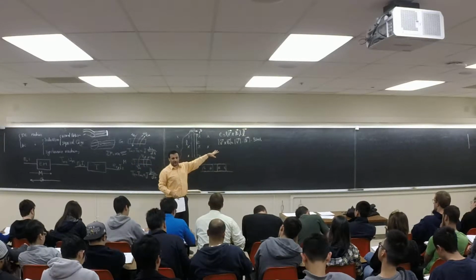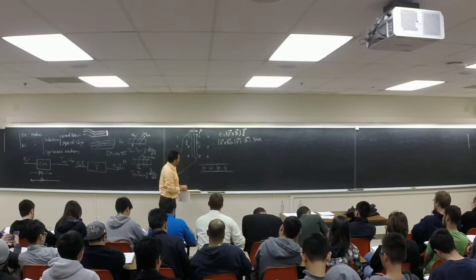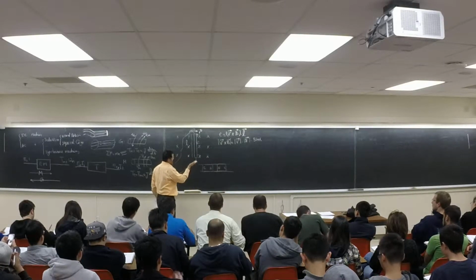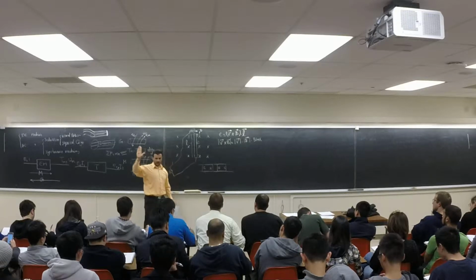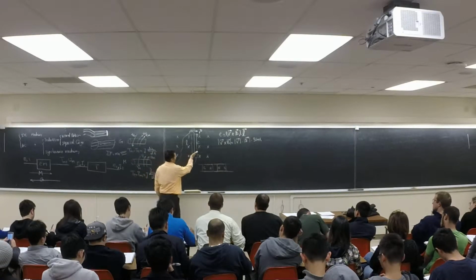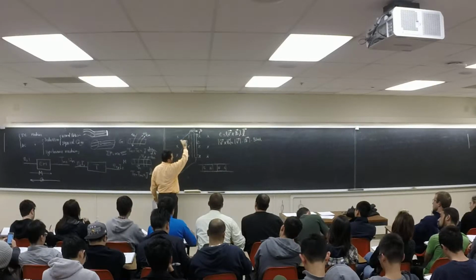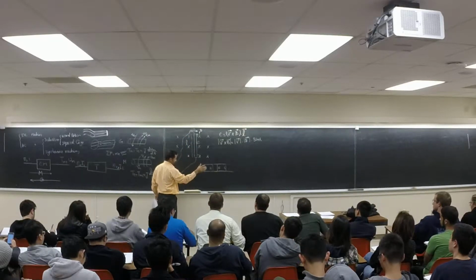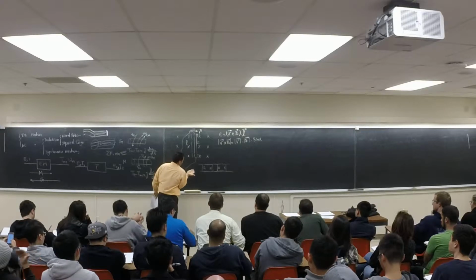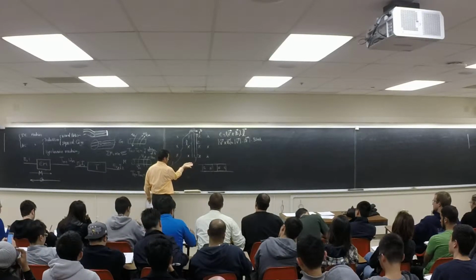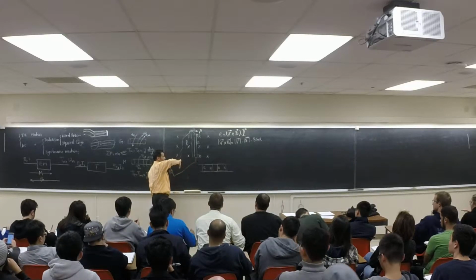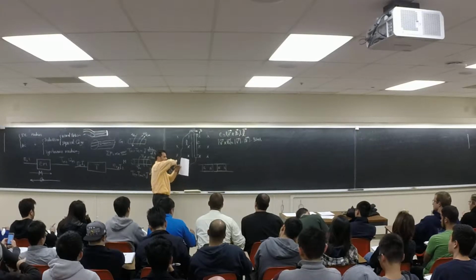But what is the direction of this vector? Think about it. I'll put my forefinger in the direction of B, and I need to rotate it toward V. B is this way, V is this way.